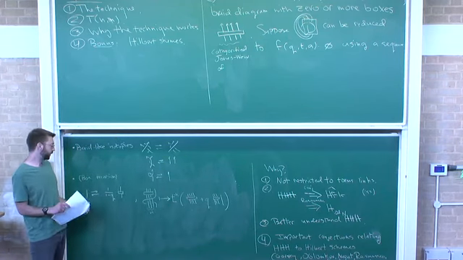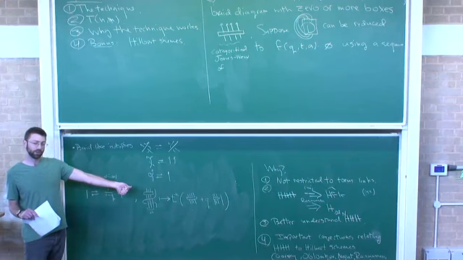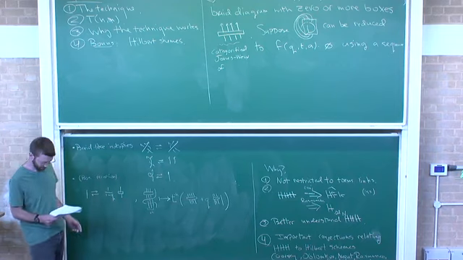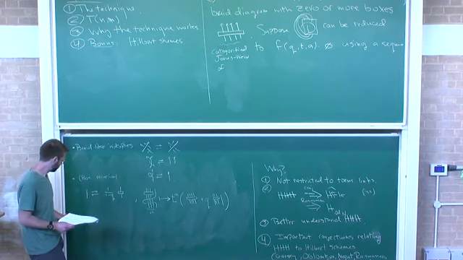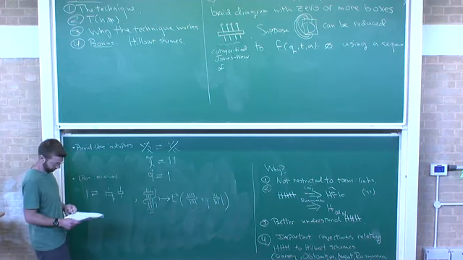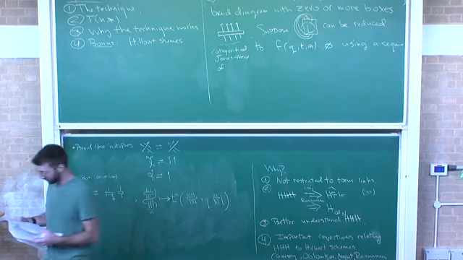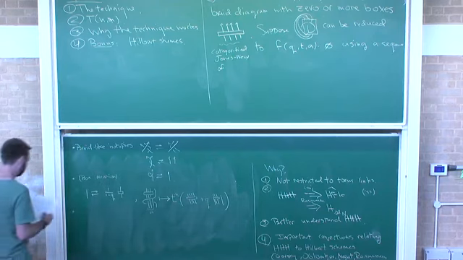Actually, I want to consider this one as a special case of that one. When n is 0, that relation reduces to this one, at least in one direction. Box recursion.